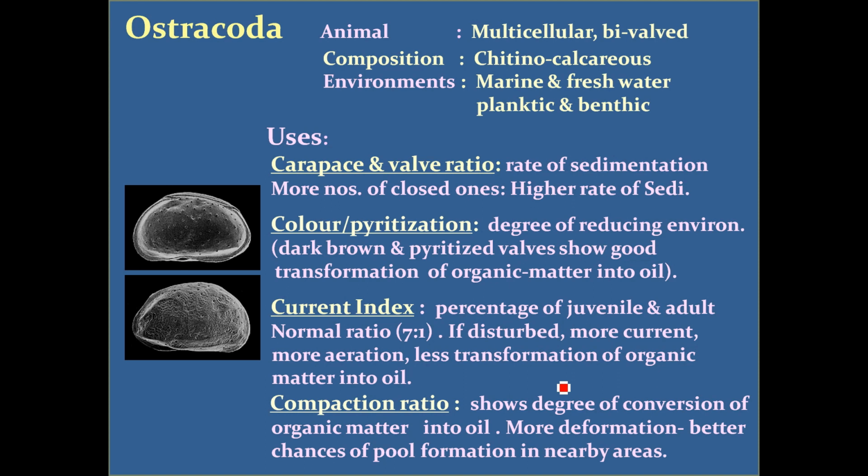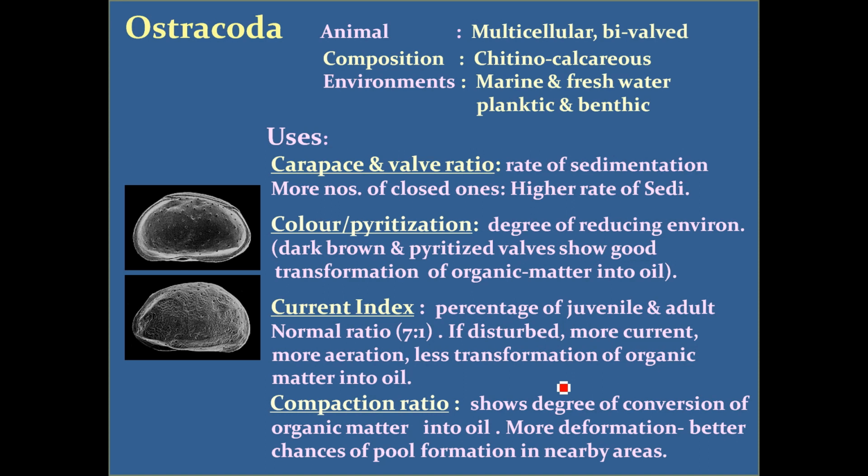And the special thing about Ostracoda is that certain parameters can be worked out on the basis of Ostracoda without going for their identification. For example, carapace and wall ratio can show the rate of sedimentation.